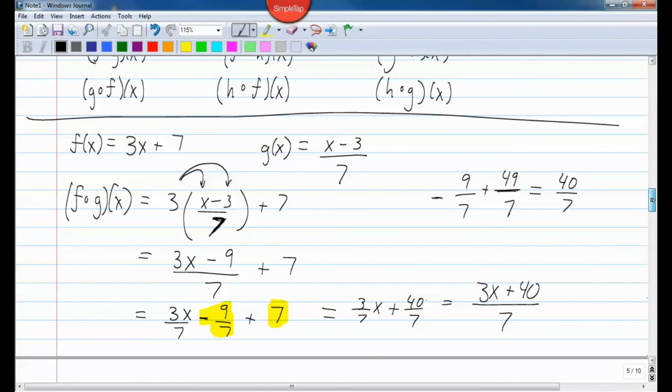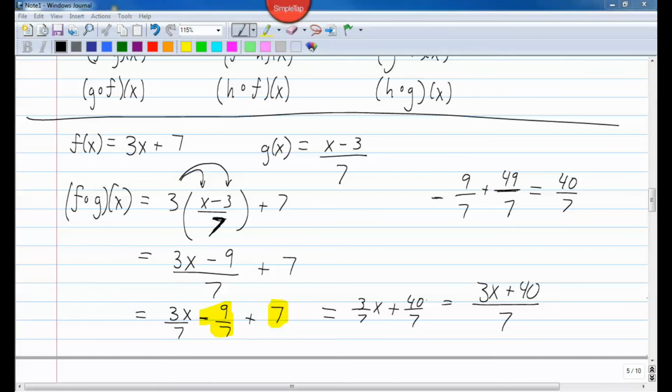Alright. So the main thing that we've covered so far is that if 2 functions are inverses of each other, then the composition of the 2 functions, both ways, is going to just be equal to x to the first power. Alright?